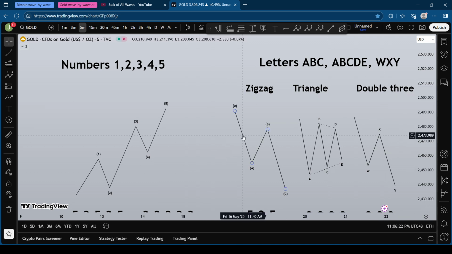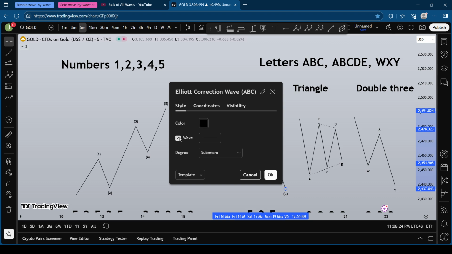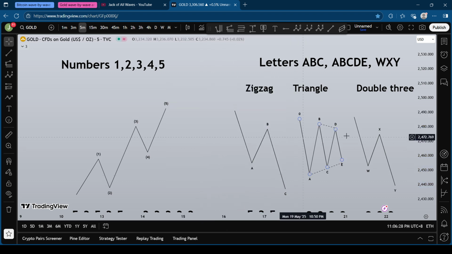Now, I'd like to focus on the difference between a zigzag and a double three. Now, for those who are not aware, the zigzag and double three look the same. However, when it comes to their internal waves or the subwaves or the waves that compose this zigzag and the double three, the internal waves are different.